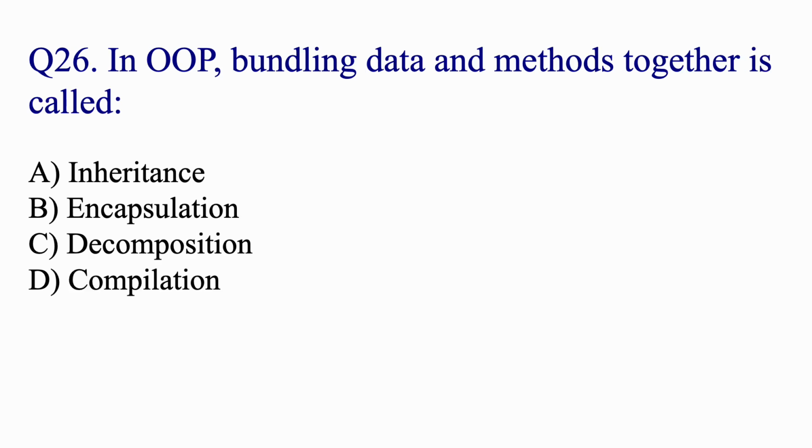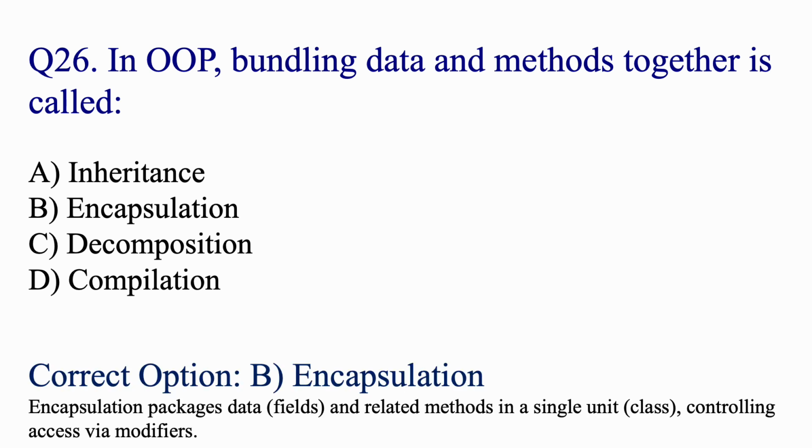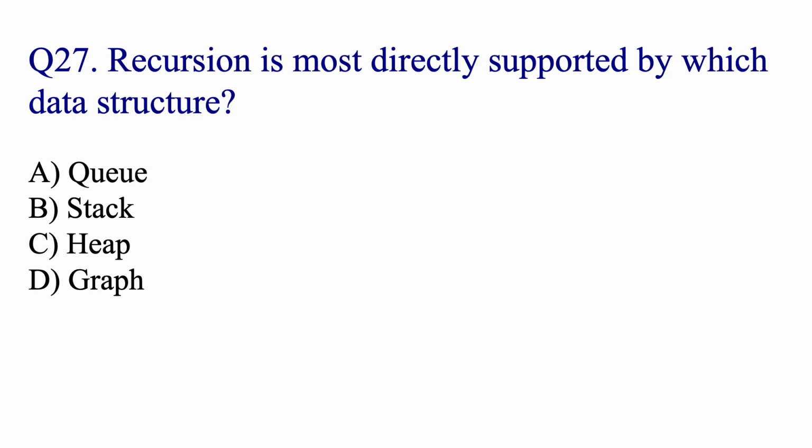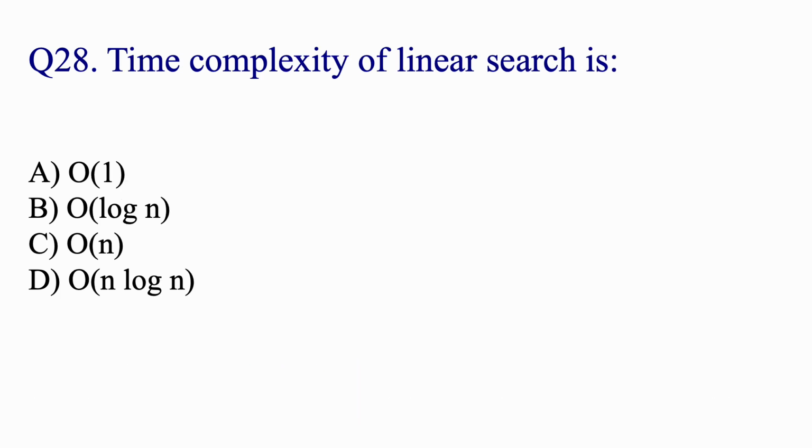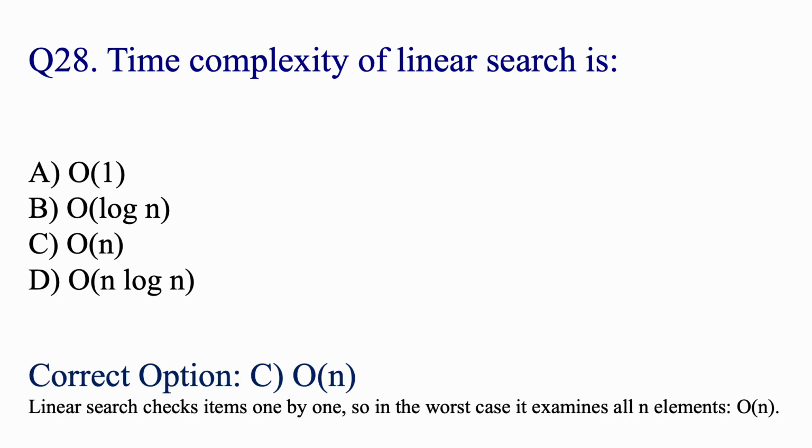In OOP, object-oriented programming, bundling data and methods together is called encapsulation. Recursion is most directly supported by which data structure? Stack. Time complexity of linear search is O of n.